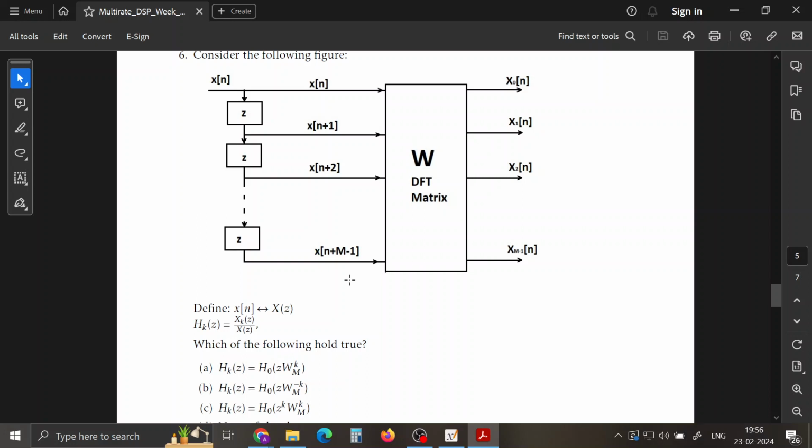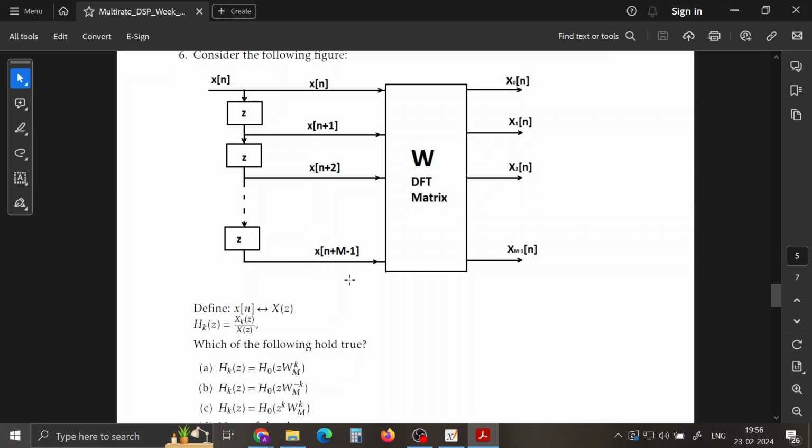That's the notation. For instance, if you consider the first branch, corresponding to k equals 0, it becomes capital H subscript 0 of z, which is capital X0 of z by X of z. Similarly, the second branch, which corresponds to k equals 1, is capital H1 of z, which is X1 of z by X of z, and so on.